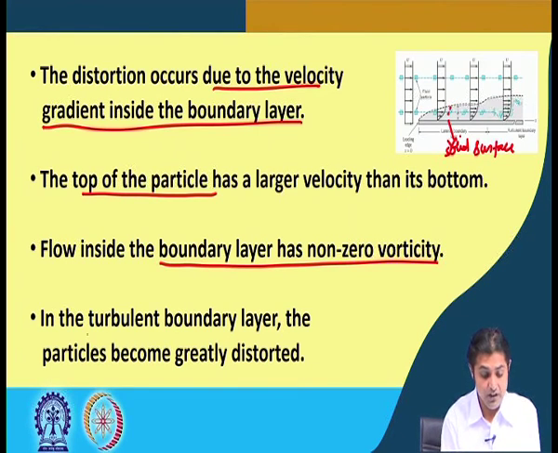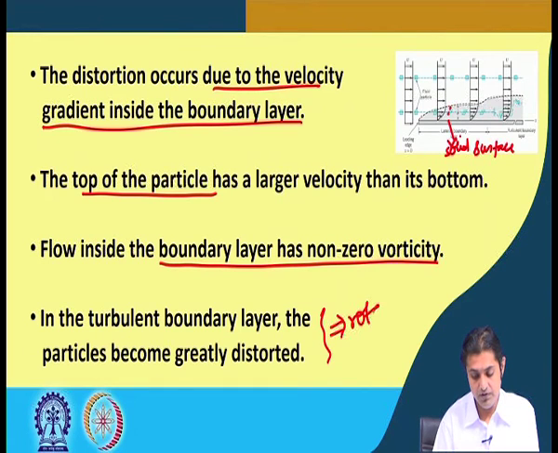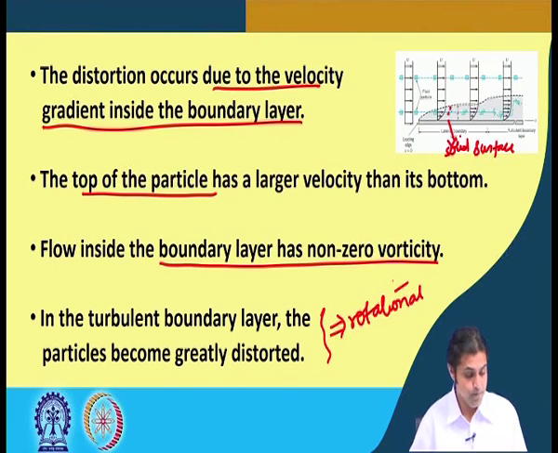And what we can see is, in the turbulent boundary layer, the particle becomes greatly distorted. So, in the boundary layer, the flow is rotational. Okay.